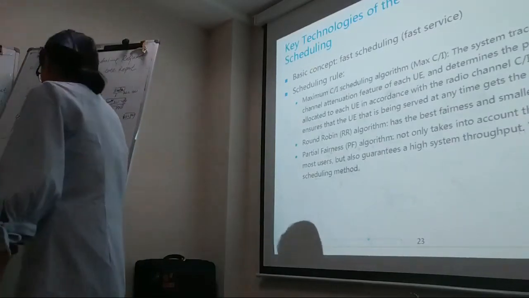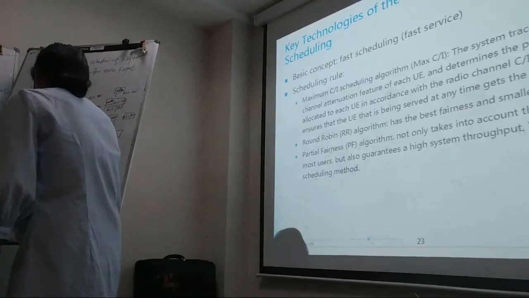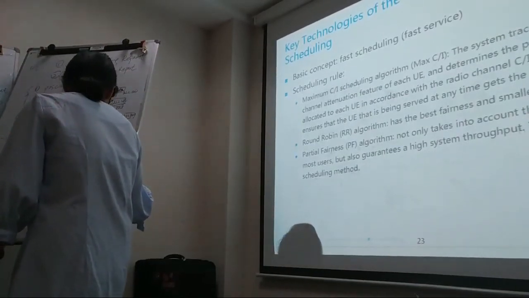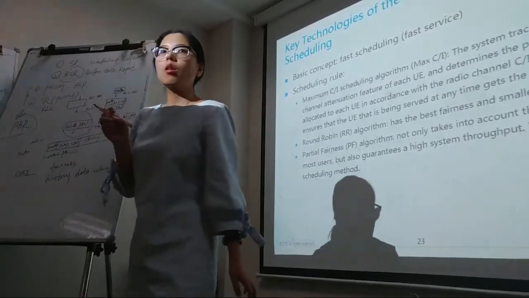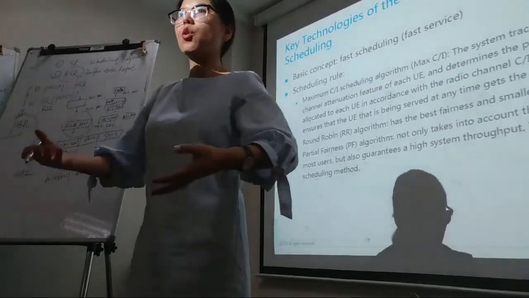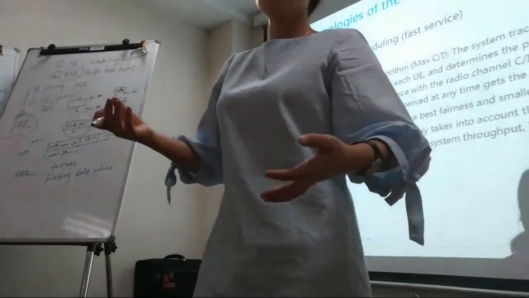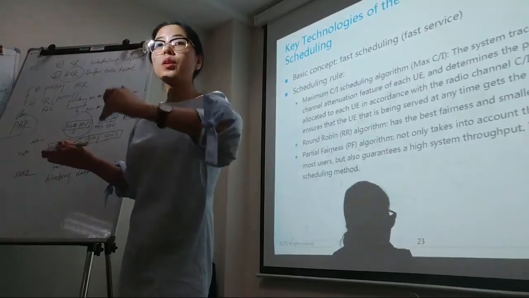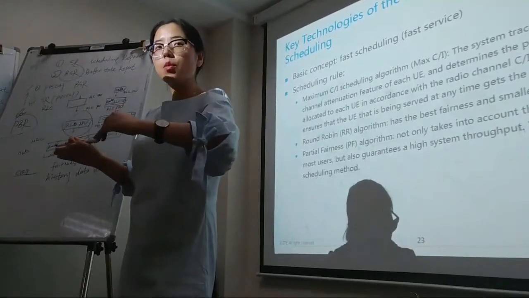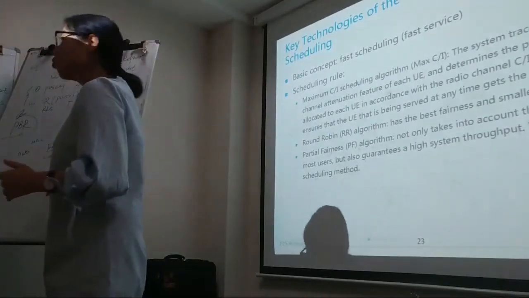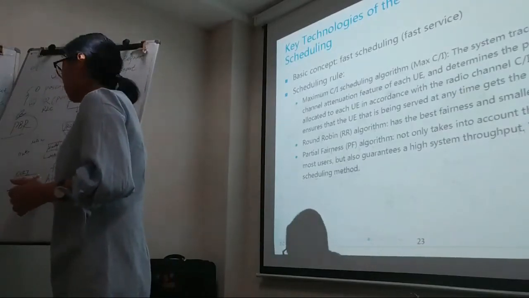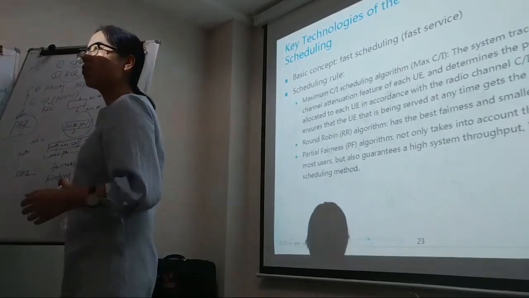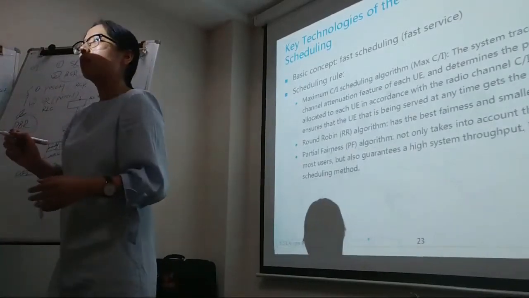The fairness we can think of is the history data volume, how much data you have already transmitted. If you transmitted more data, your priority will be lower. So we use this tool. The CQI we consider first, and also the data volume you have already transmitted.